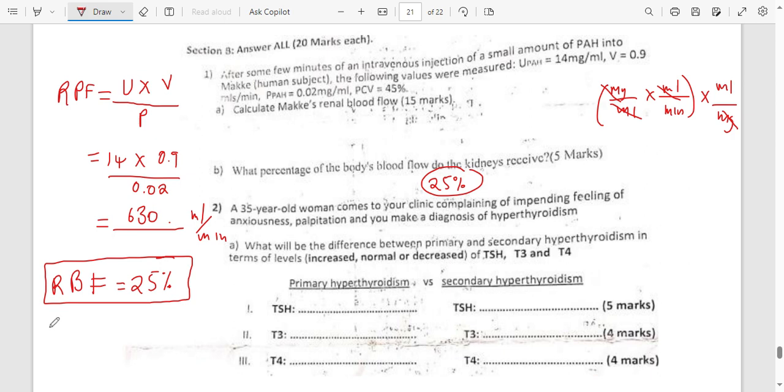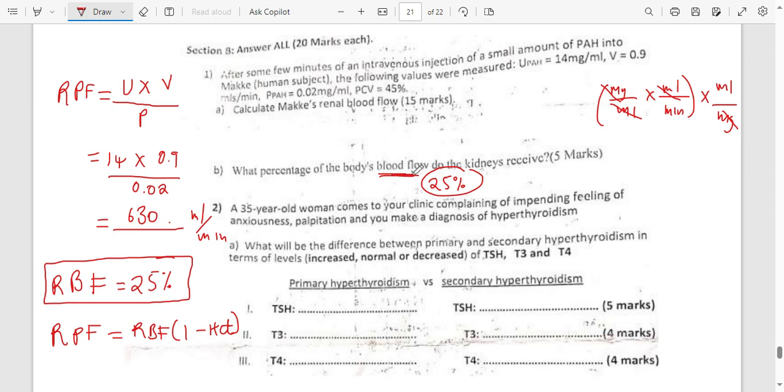Now, renal plasma flow is equal to renal blood flow multiplied by 1 minus hematocrit. That's why we are given hematocrit. It wasn't for formality.